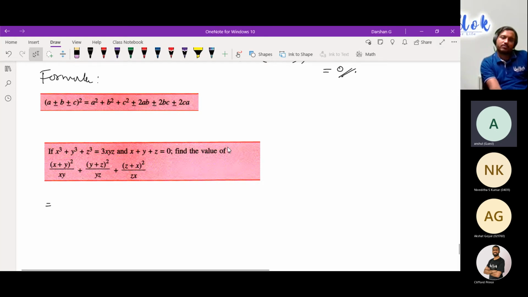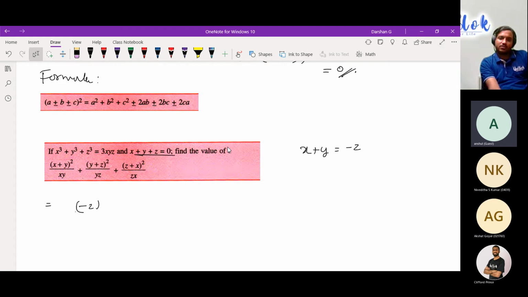How to do this, Anshul? Sir, I'm thinking of taking the common LCM as xyz and then multiplying each one individually. Akshat, what do you think? Same thing, sir. You took the LCM first. Yes. Okay, sir. I have a better idea. So x plus y, can't I simply write it as minus z by using this? Yes, sir.